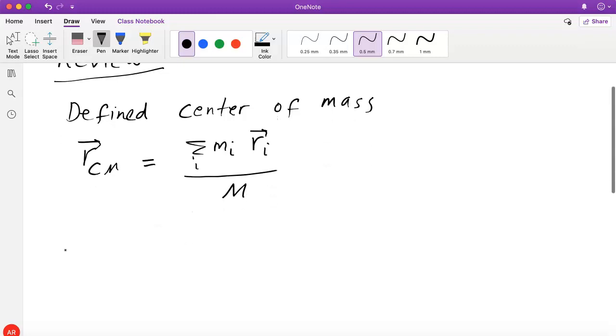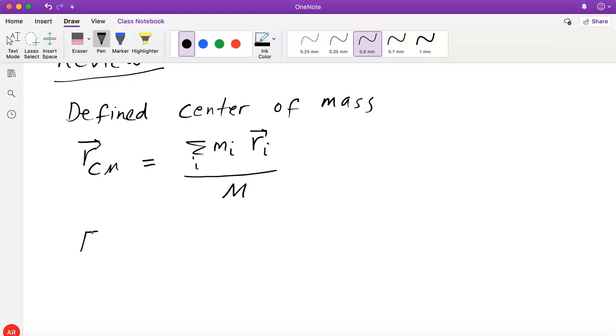And then there was an important property of the center of mass which we discussed, and that was the fact that the net external force acting on the collection of particles gives you the total mass times the acceleration of the center of mass.